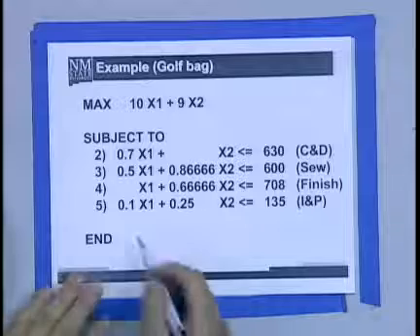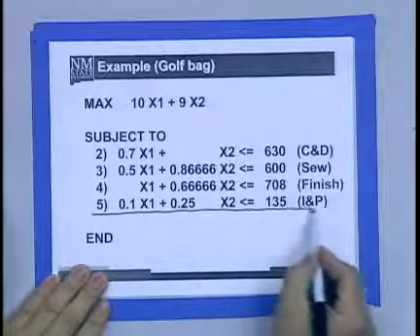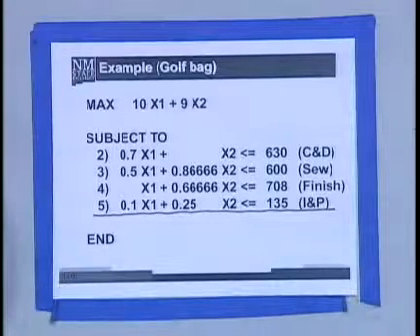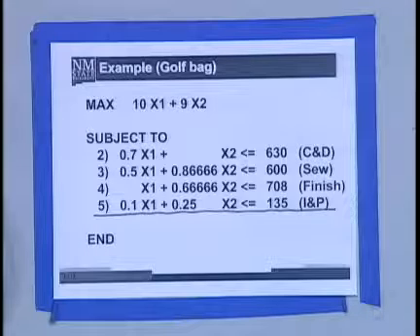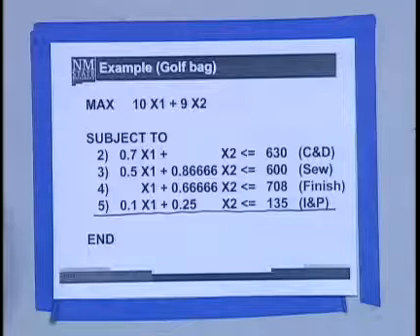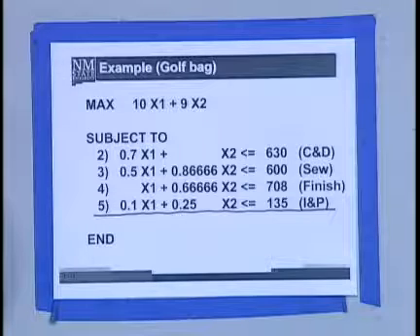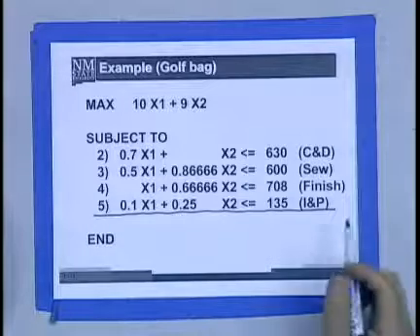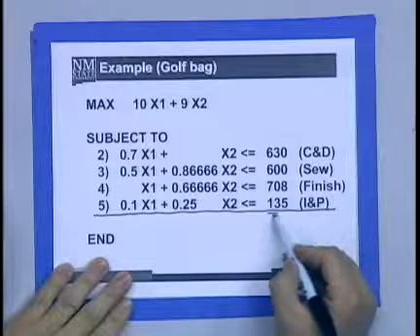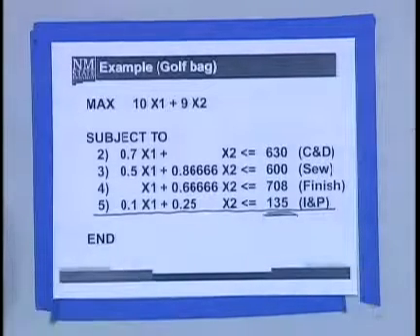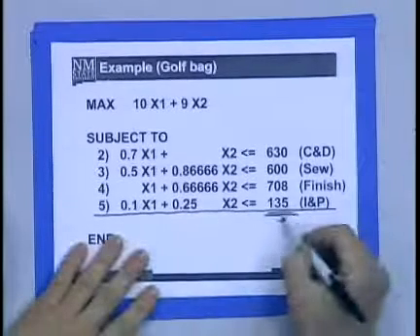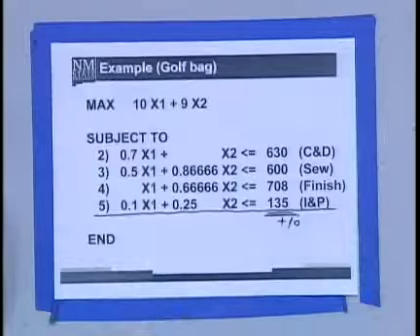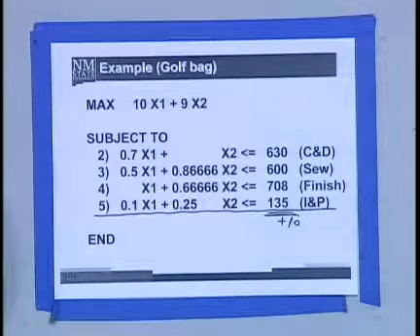And row number 5 represents the time constraint for inspection and packing. So what happens to the objective function value if an additional 10 hours were available, if the right-hand side value is increased by 10, then what happens to the optimal objective function value?